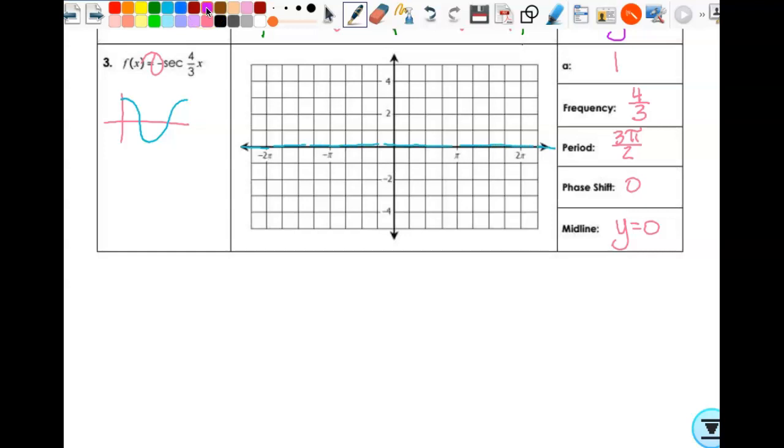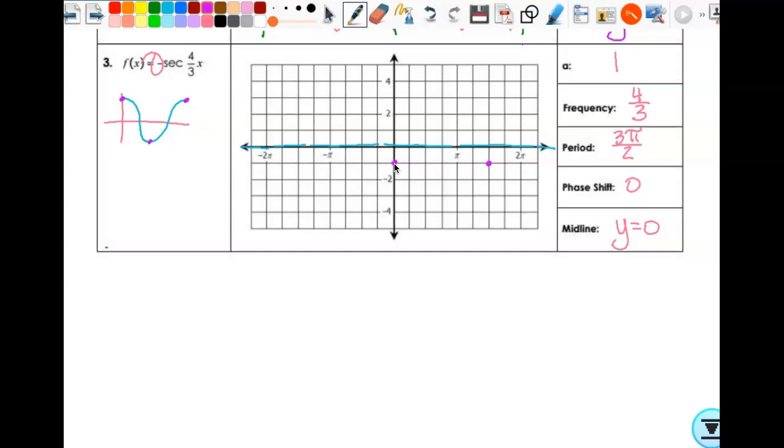Okay, so this point will be on the y-axis unless I have a phase shift, don't have a phase shift. On cosine, I go from the midline up whatever the A is, which is 1, but I have a reflection, so I'm actually going to go down. So from the midline, I'm actually going to go down 1. The end of the period has the same y value. The period ends at 3 pi halves, same y value. Right? Halfway between these two, from the midline, I'm going to be on the other side of the midline, whatever A is.